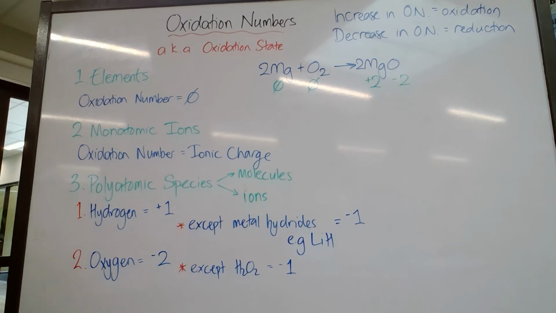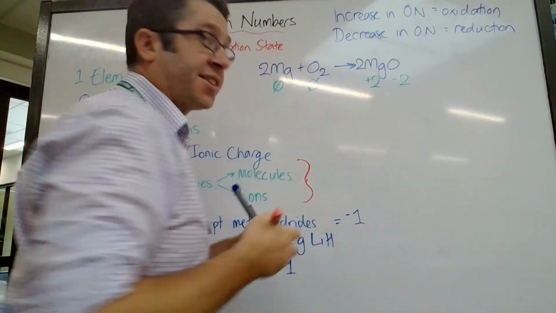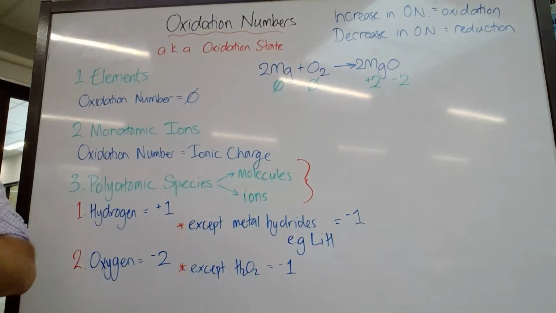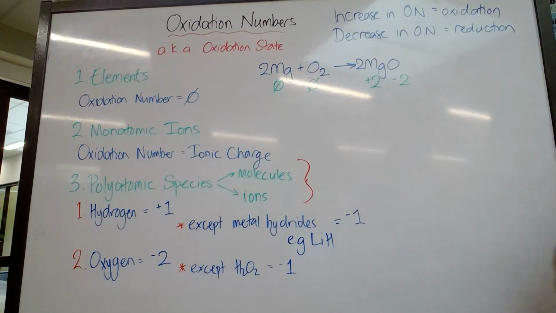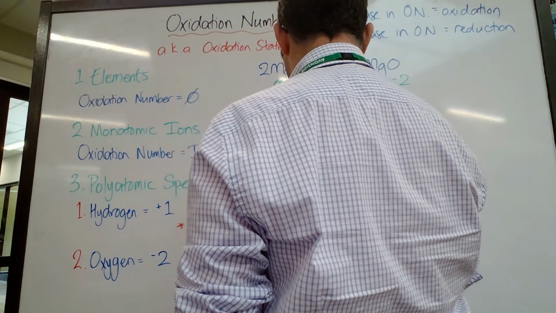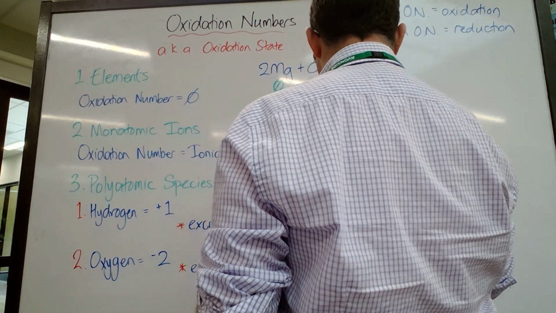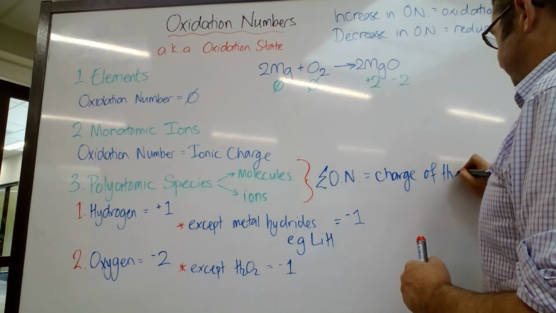And the reason is the overall rule that goes with these is that the sum of the oxidation numbers must equal the charge of the species. H2O2 has no charge, so when we add up the oxygen and hydrogen oxidation numbers, that has to equal 0. So the sum of, I'll use sigma for that, the sum of the oxidation numbers has to equal the charge of the species.